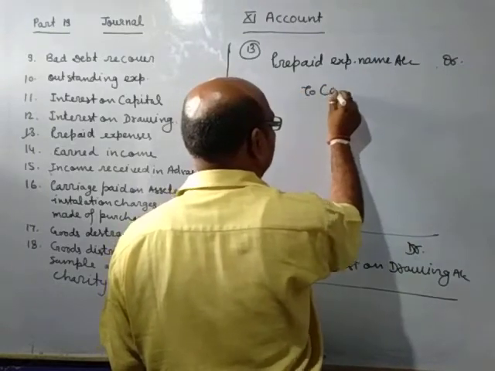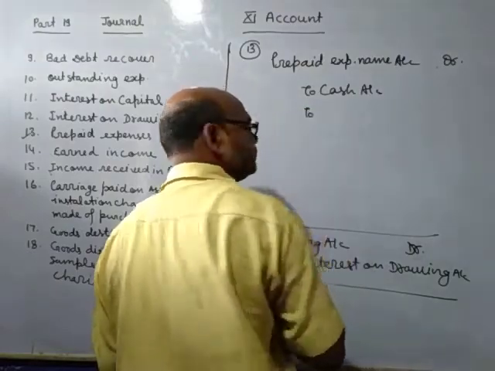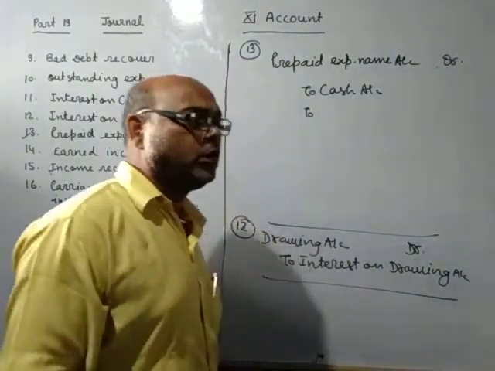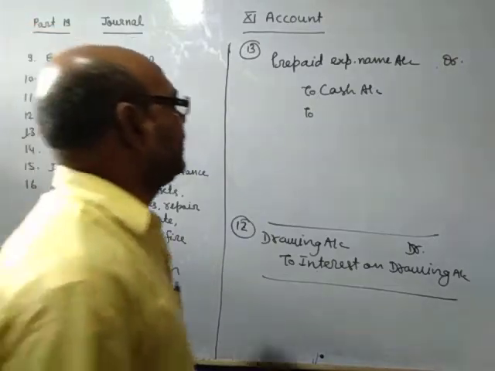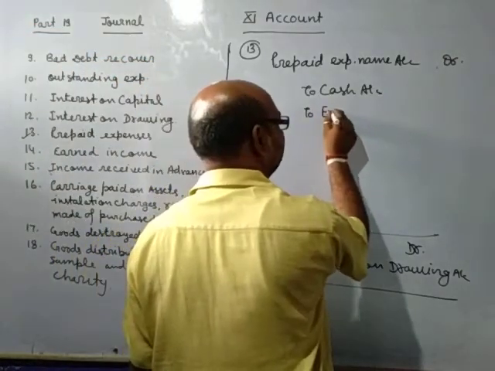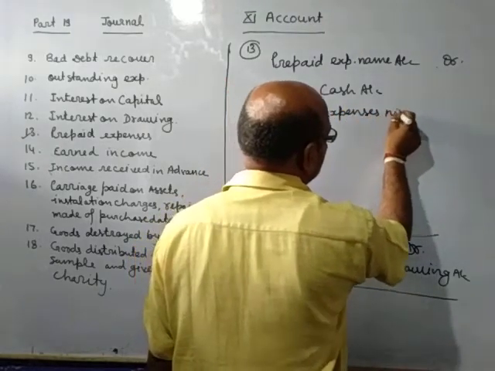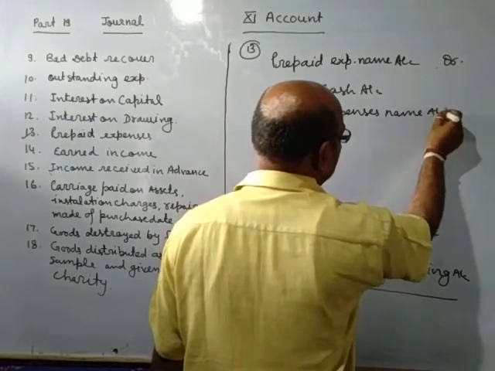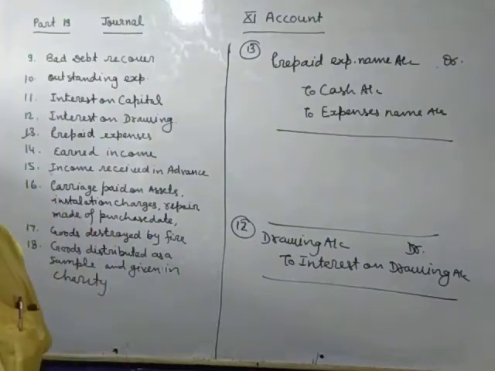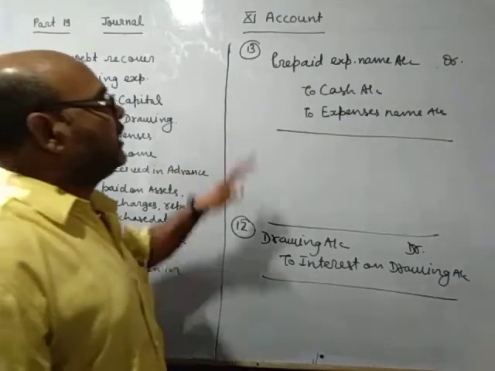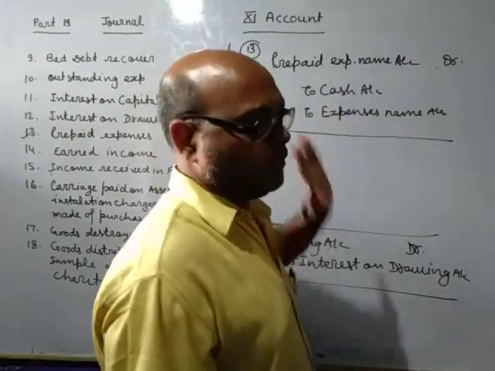To cash account. At the end of the year, if you are going to make the adjustment of the expenses as a prepaid, in that case you will write the expense name account. Normally, if it is written rent paid in advance, then you will pass the entry prepaid rent account debit to cash account.